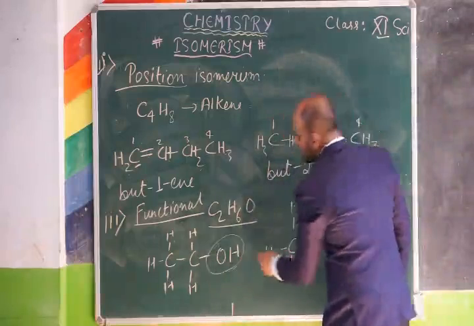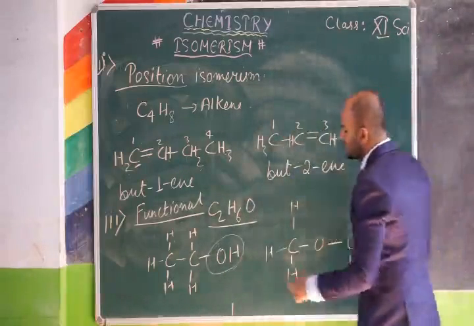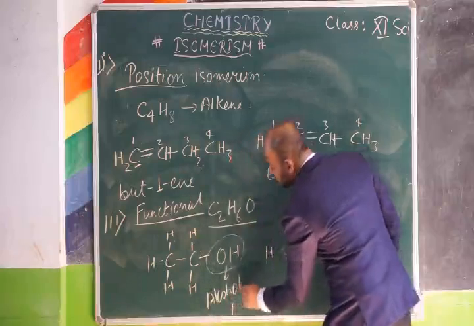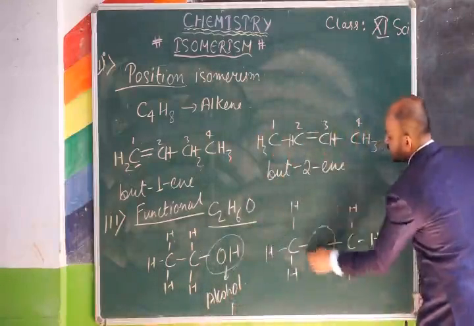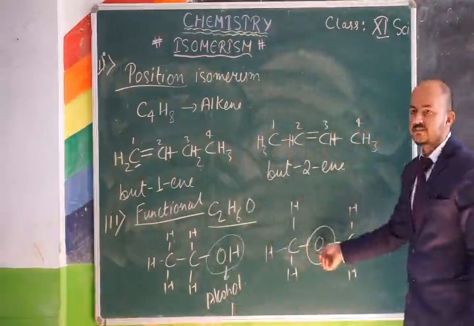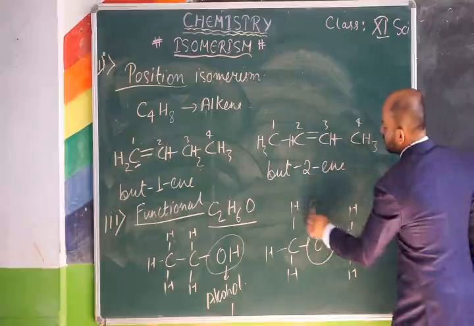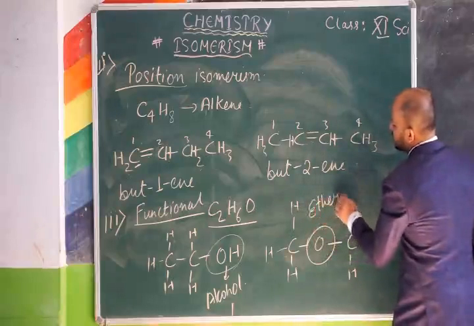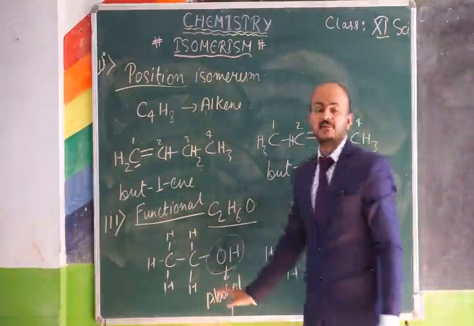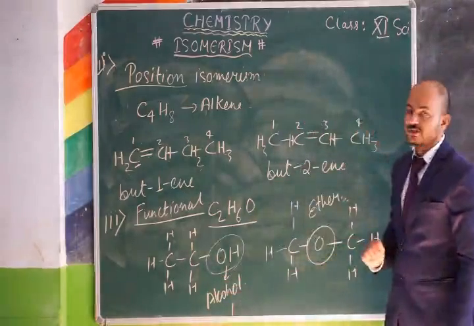So you saw that with this molecular formula we can have two different structures, but the most important thing is that the functional groups are different. This is OH, which means alcohol, and here this O is present between two alkyl groups, and such compounds are known as ether. So this is an example of functional isomerism.